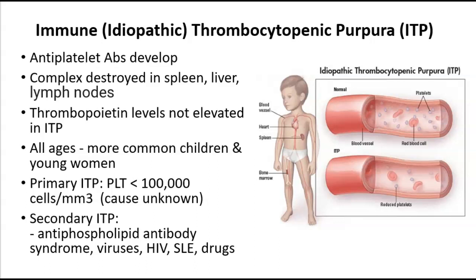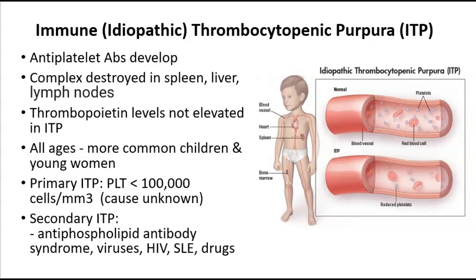For this, we end up developing some antiplatelet antibodies, which causes the platelets to be destroyed in the spleen, liver, and even in the lymph nodes. More common in children and young women, so that's why I have a picture of a little kid there. It could be primary or secondary. Primary means it's the disease itself. Secondary means something else causes it.